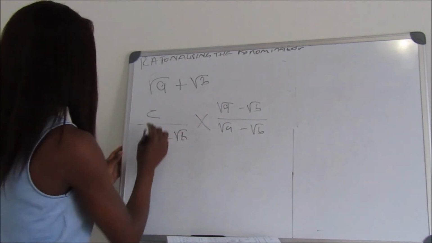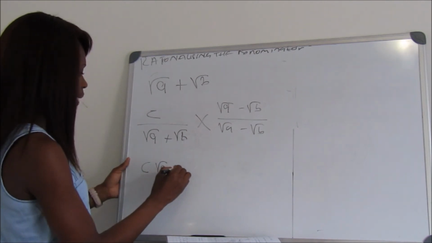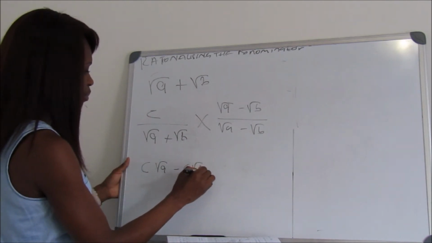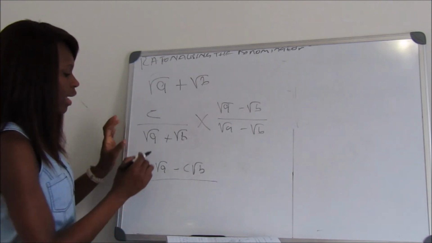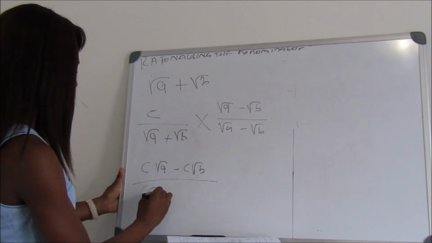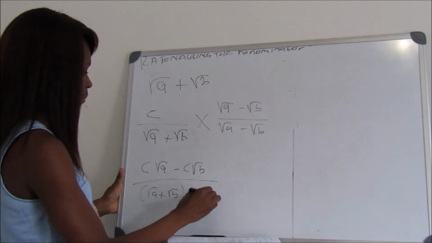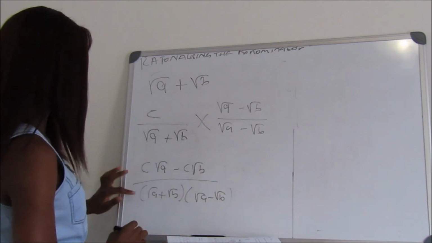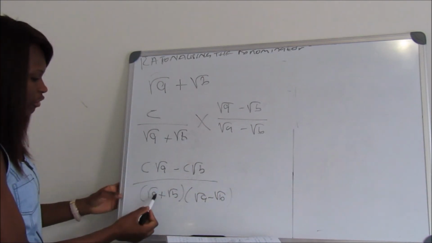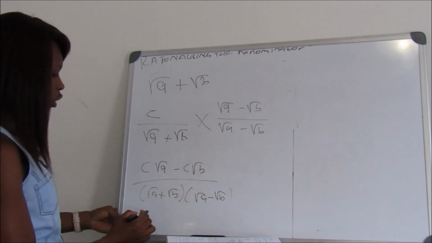Then from here, in the numerator we'll have c multiplied by the square root of a minus c multiplied by the square root of b. In the denominator, we multiply the square root of a plus the square root of b by the square root of a minus the square root of b. Let me take out the denominator only to solve it.